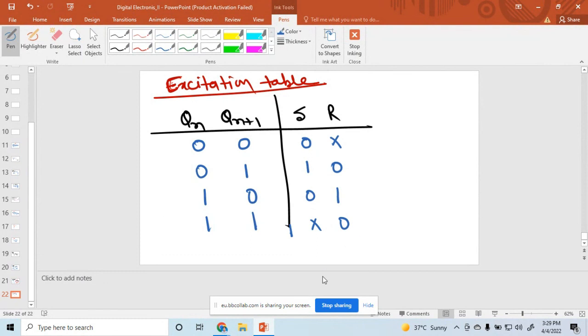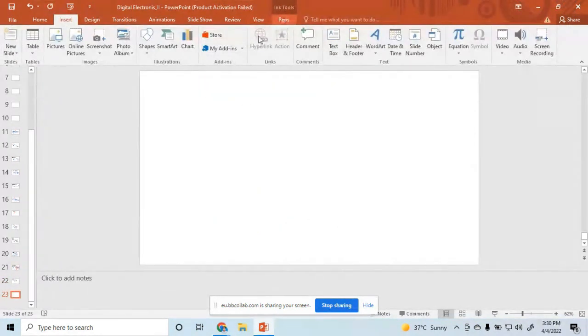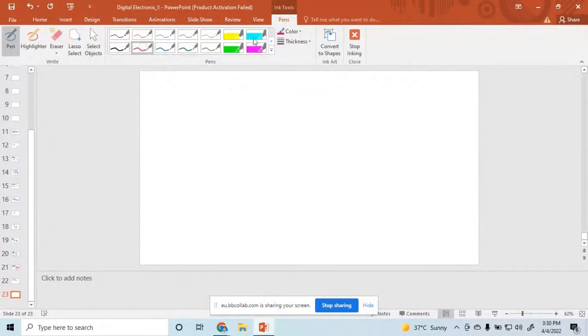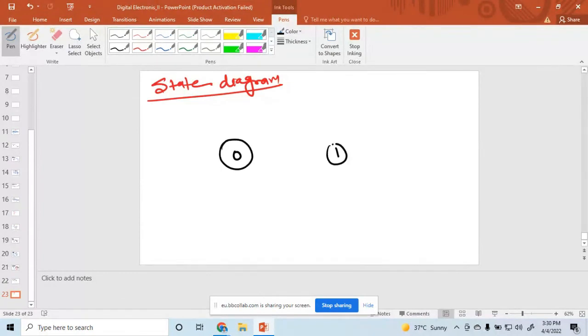And then the next point is state diagrams. State diagram has two states. One is 0 and another state is 1. When going from 0 to 1, that means S is equal to 1 and R is equal to 0.